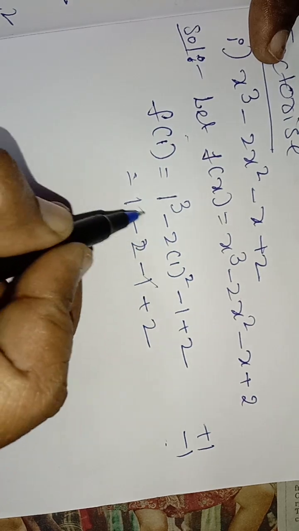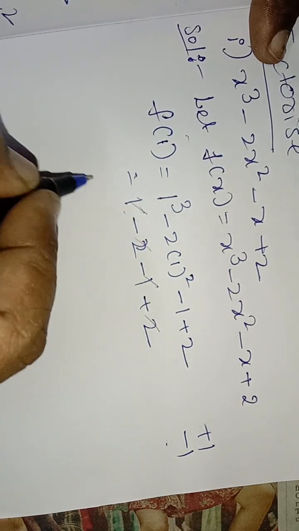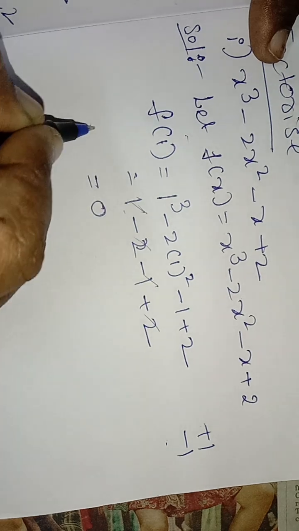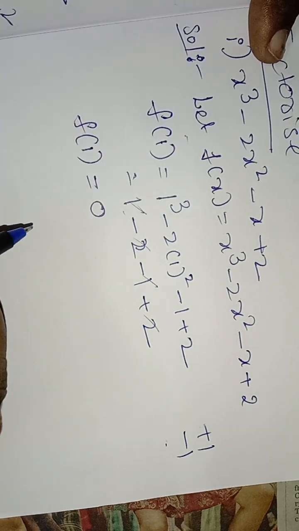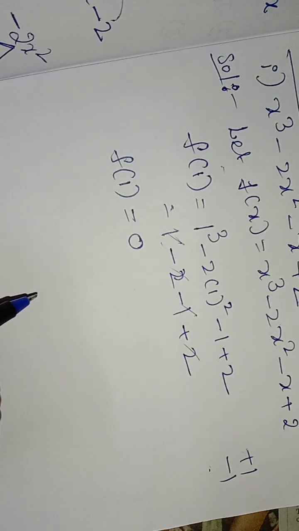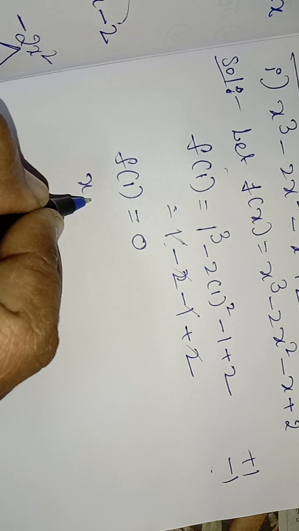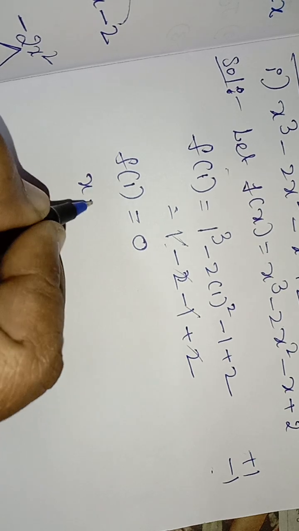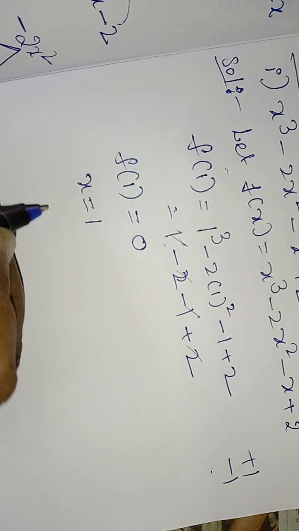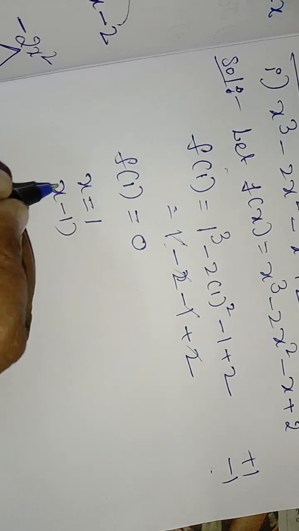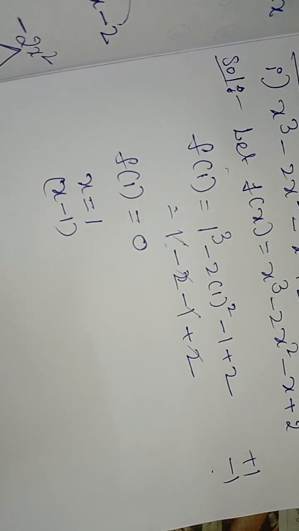Plus 1 minus 1 will get cancelled, minus 2 plus 2 will get cancelled. You get 0. Means if your x value is 1, you will get 0, which means x minus 1 is a factor for this equation.